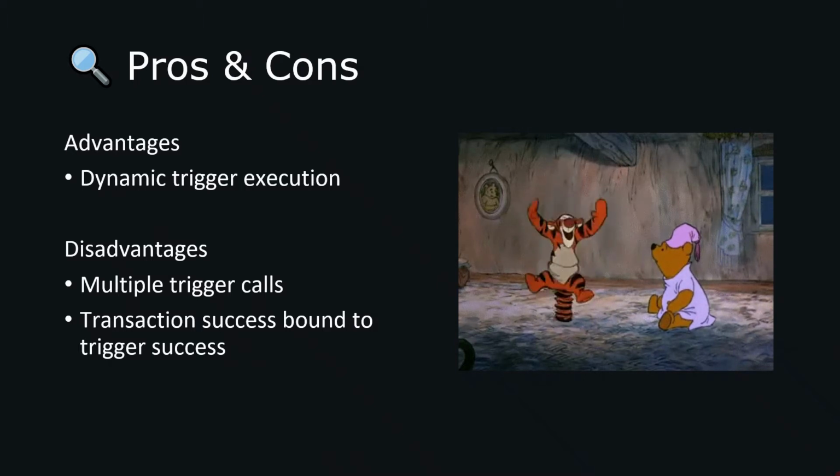If the pre-trigger fails, the insert will not be inserted. The same is true for the post-trigger. If you updated something and then you had a post trigger run, if that post trigger fails, then the update will not go through. So both the trigger and the insert or the update or the operation need to succeed, which is a catch-22.